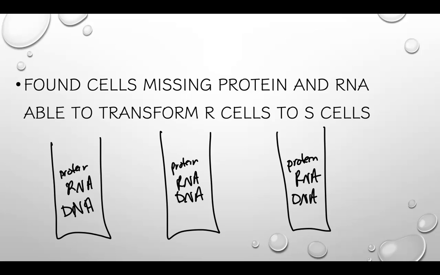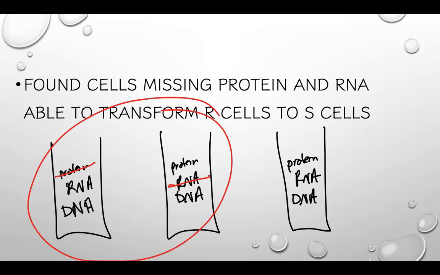The only difference is in, let's say, the first batch, he would mix it with an enzyme that would digest protein. And the second batch, he mixed it with an enzyme that destroyed RNA. Now for these 2 batches, the R cells were still transformed into S cells. But for the last one, he had an enzyme that destroyed DNA.